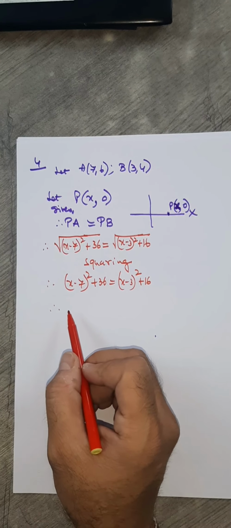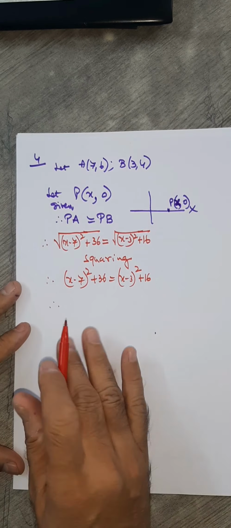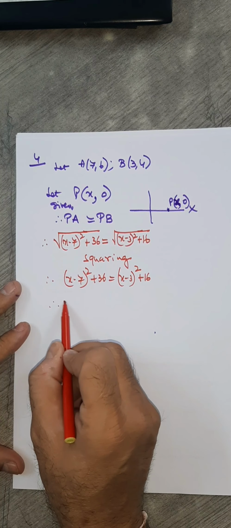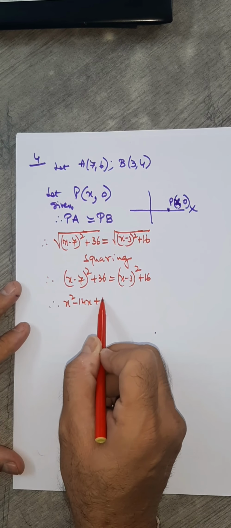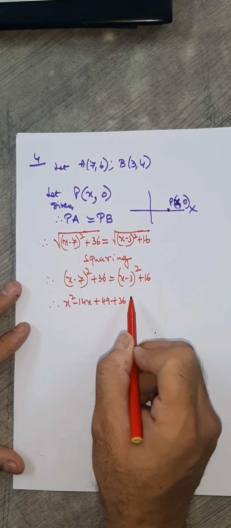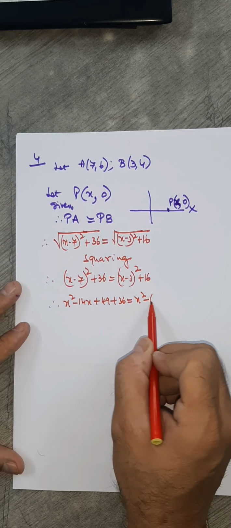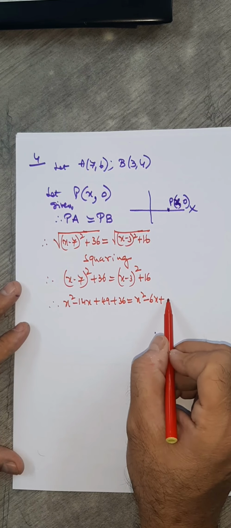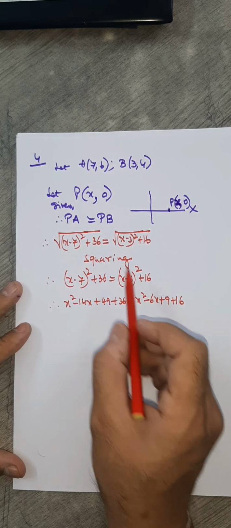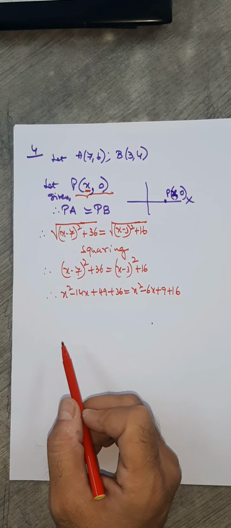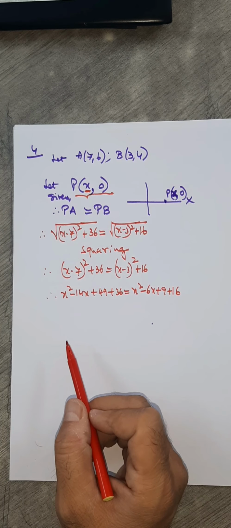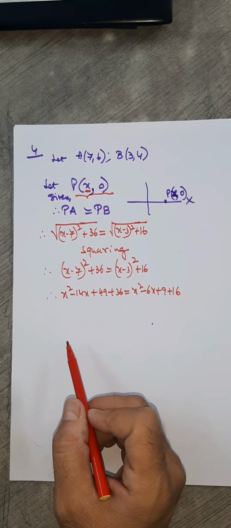So if you expand it here, a number of terms will get cancelled. x square minus 14x plus 49 plus 36 equals x square minus 6x plus 9 plus 16. We are interested to find what? Just x, because here the y coordinate is 0. So we just need to simplify this.